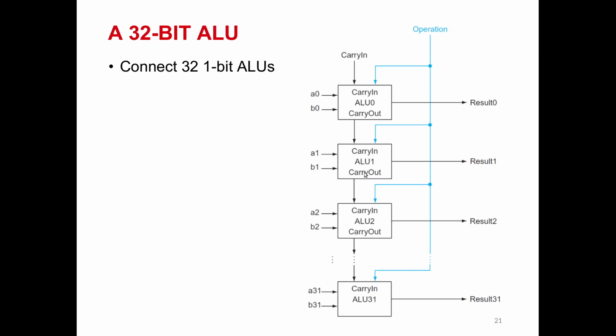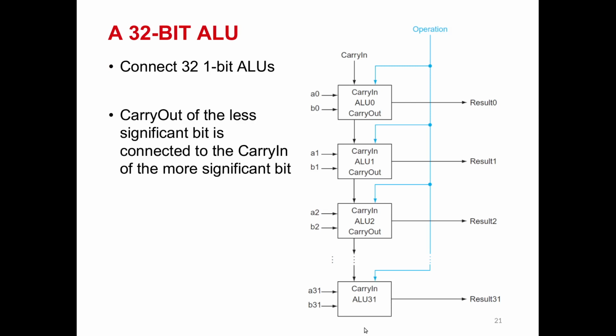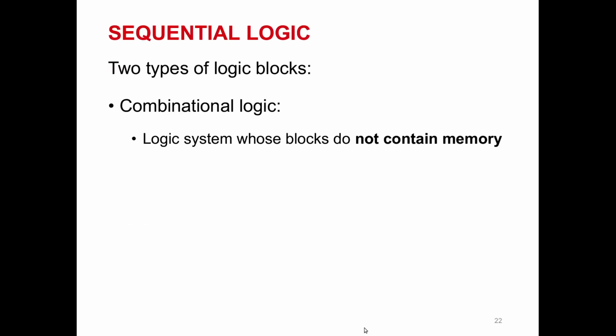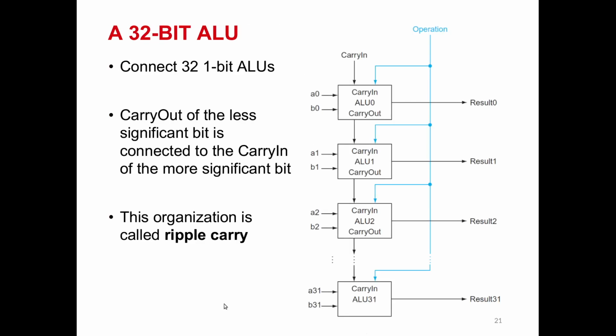If we connect them in sequence like that, we will have a 32-bit input adder, and it generates a 32-bit output together with a final carry out available here. And that way of organization is called ripple carry.